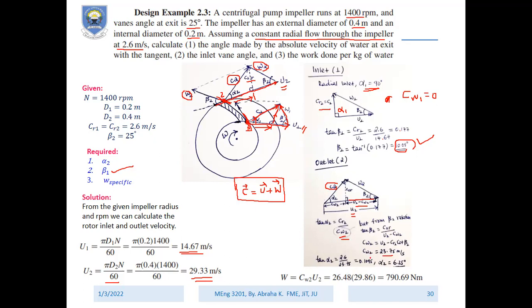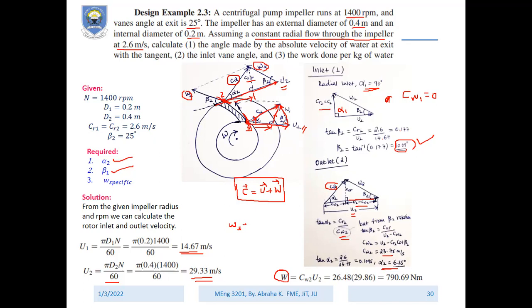Now we have CW2 from the beta, and tan alpha 2 is now 2.6 over 23.75. From this we get alpha 2. So problem solved. The third one is the specific work.